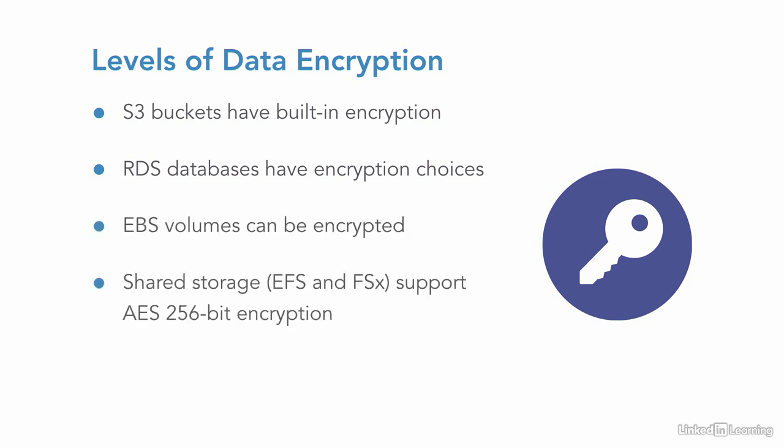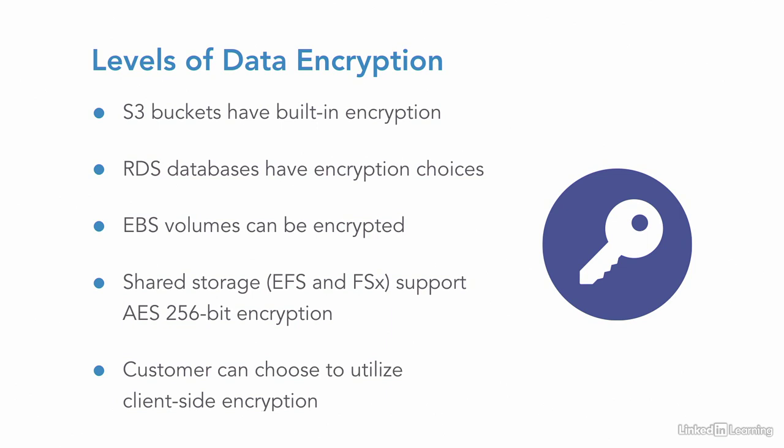The shared storage arrays, either EFS and FSx, also support AES 256-bit encryption. And customers can also utilize what's called client-side encryption, meaning that you encrypt it first and then you move the records up to AWS. That's kind of a foolproof way to encrypt things. You hold the keys. Amazon doesn't even have the keys.